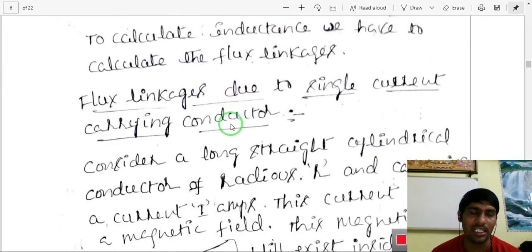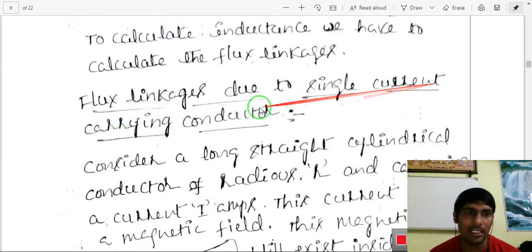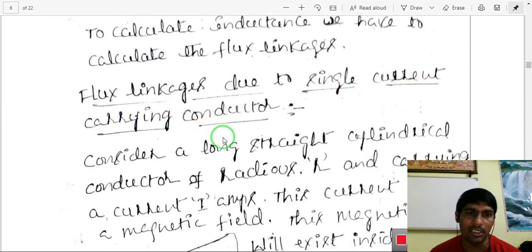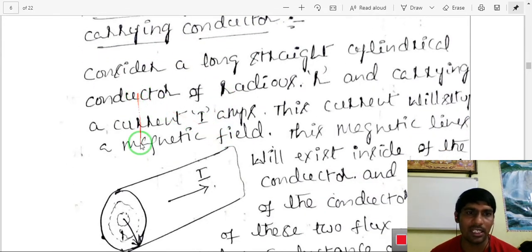So first we calculate the flux linkages due to a single current carrying conductor. I can consider only one conductor, and from that you can find the different conductors. Consider a long straight cylindrical conductor of radius r carrying a current I amperes. This current will set up a magnetic field.